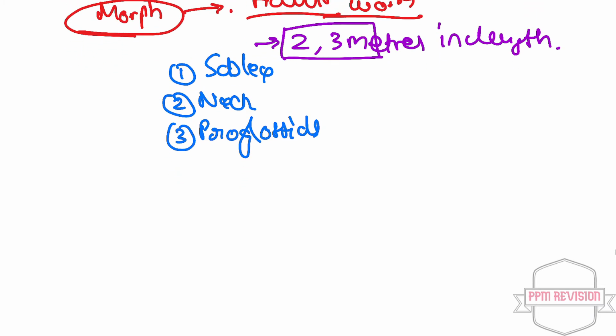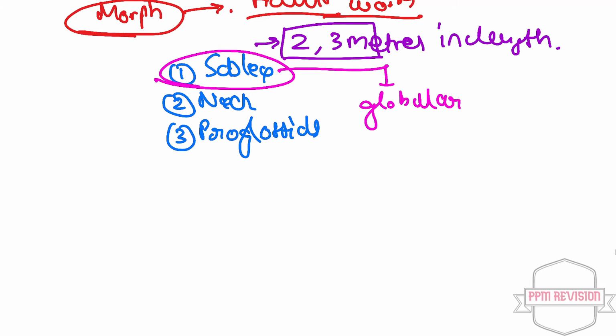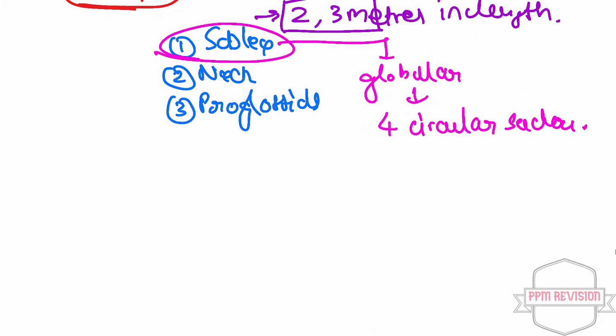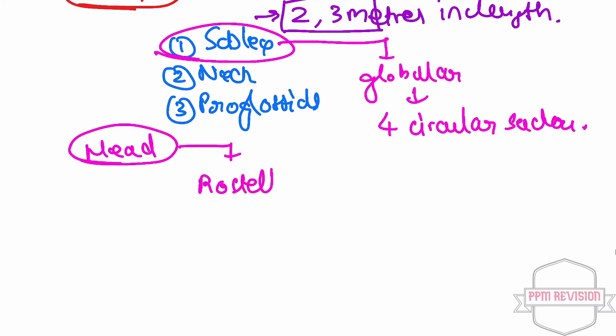Now the scolex or the head is globular in shape and has 4 circular suckers. Looking at the head, it contains a rostellum, and it is armed with a double row of hooklets.